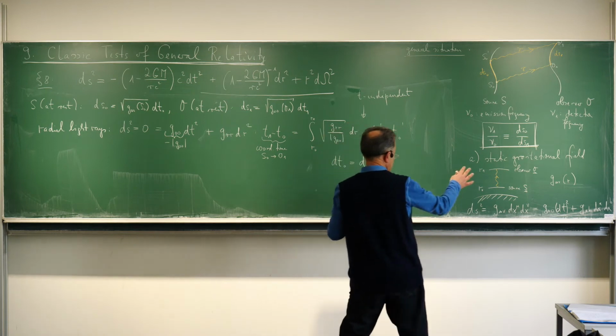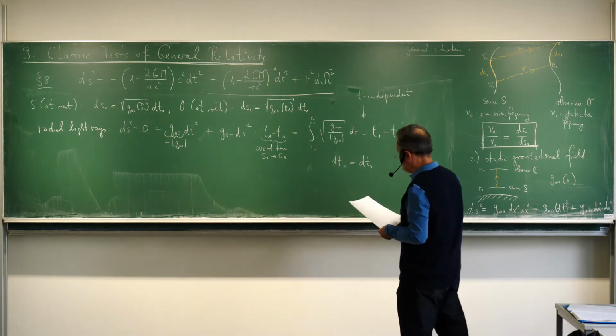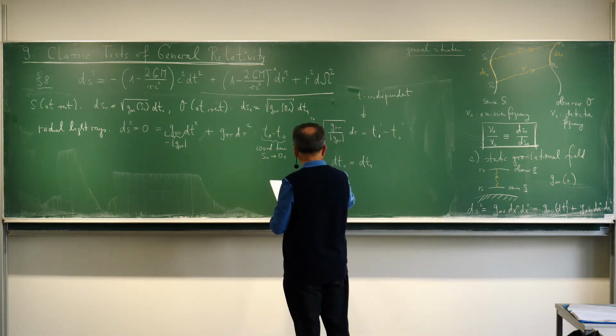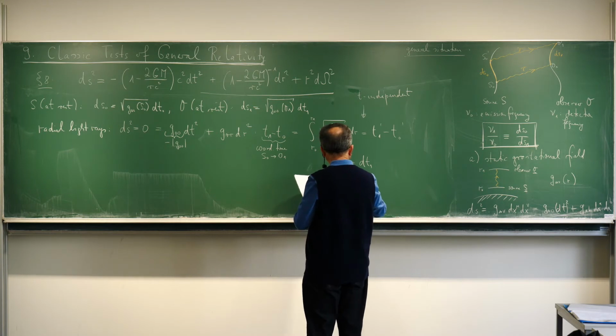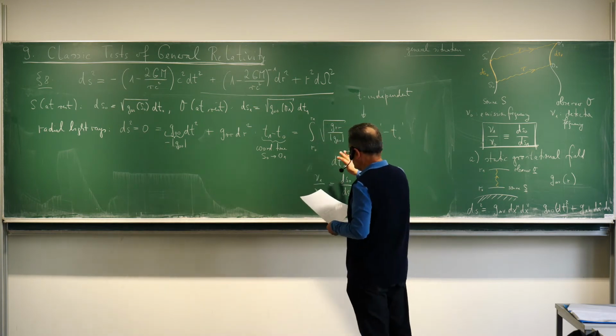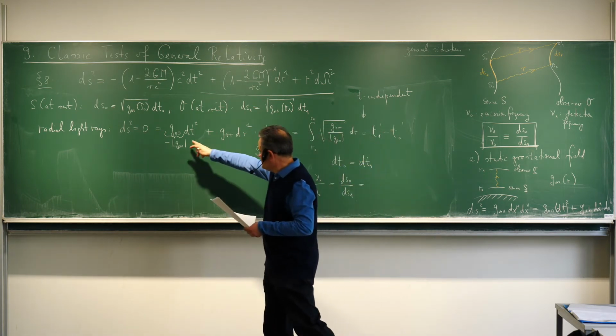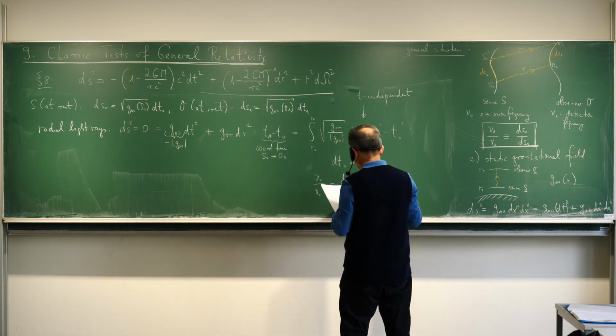And having our formula here then gives that v1 over v0, which is ds0 over ds1, is just the ratio of the square roots of the g00.